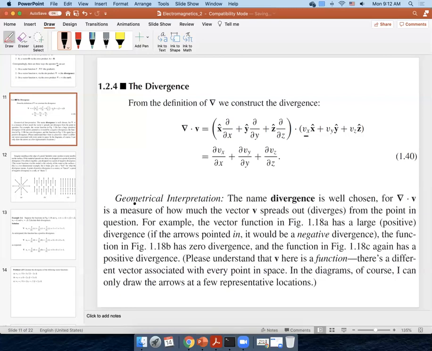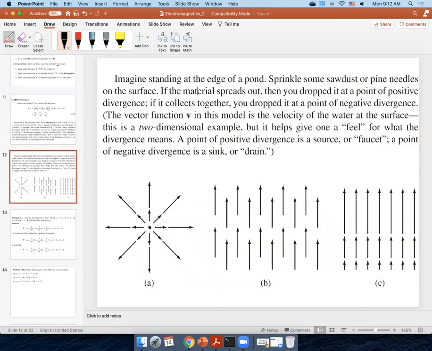So the geometrical interpretation is that the divergence is a measure of how much the vector V spreads out or flows out. If we look at some examples, let's take A, B, C as examples. If we consider a point, let's say here, we will see there are vectors going out, going up, going down, going left, going right.